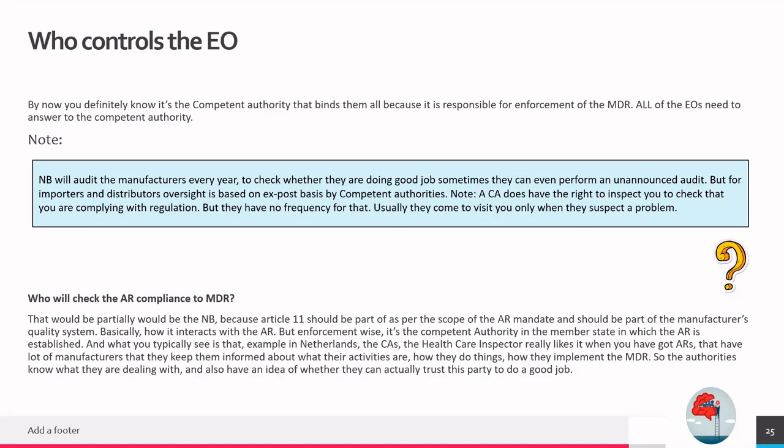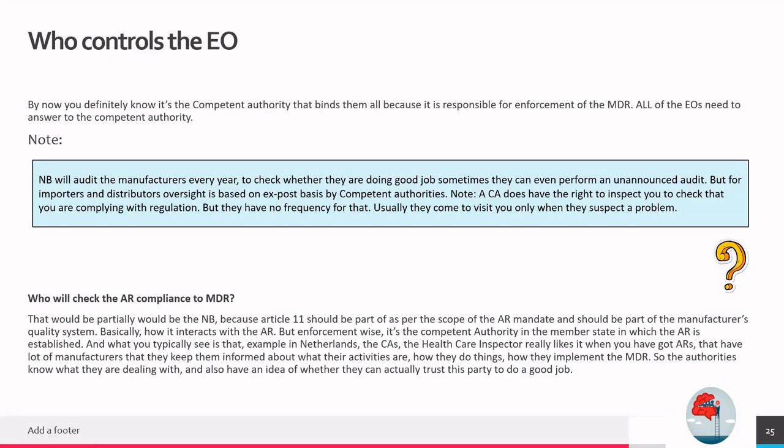So the authorities know what they're dealing with, and also have an idea whether they can actually trust this party to do a good job or not, because they are in the same regional area, and because of so many queries, they definitely will know each other. So this way, the authorized representatives and other parties are entangled.